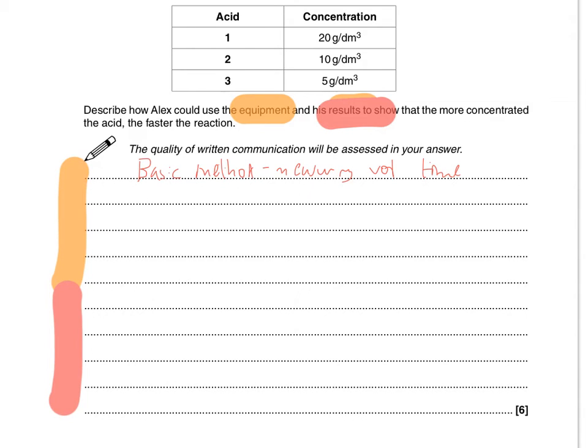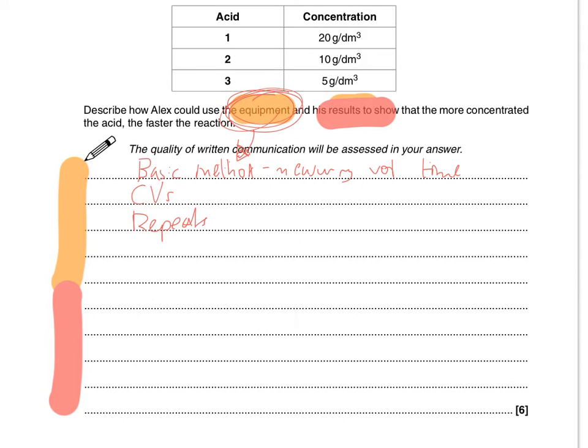And then, because they're talking about how you can use equipment, we might want to talk about things like control variables and repeats, all the usual things that we'd talk about. Okay, so for the equipment, we're basically trying to say how he's going to use the equipment, which is a method and control variables.